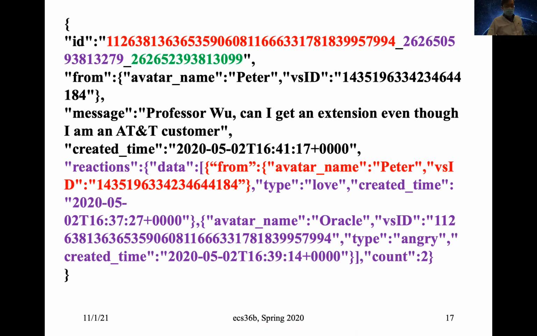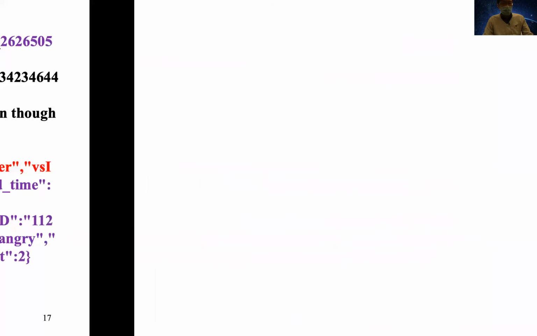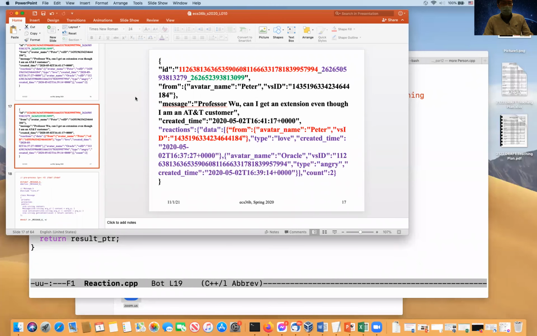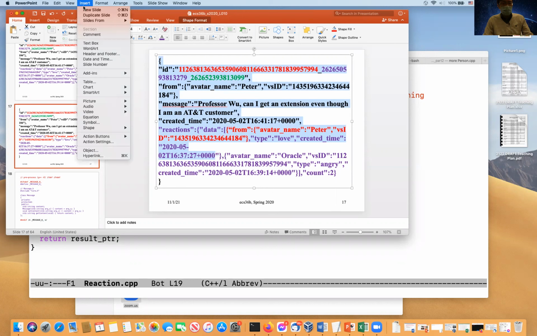A reaction is essentially, let me kill this one. So a reaction is essentially from here all the way to here. That's one reaction, what I marked. Let me copy it to make sure you know what I'm talking about.